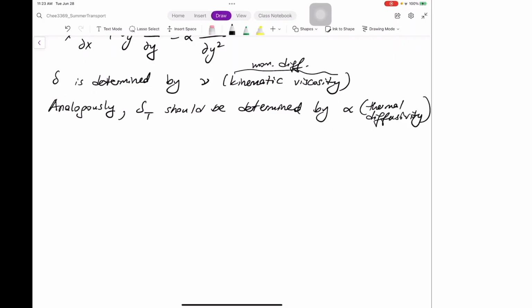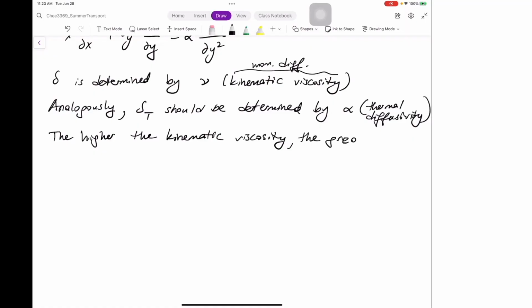And what did we say about the relation between the two? For example, when nu is higher, what happens to delta? The higher the kinematic viscosity, meaning the lower the Reynolds number, right?